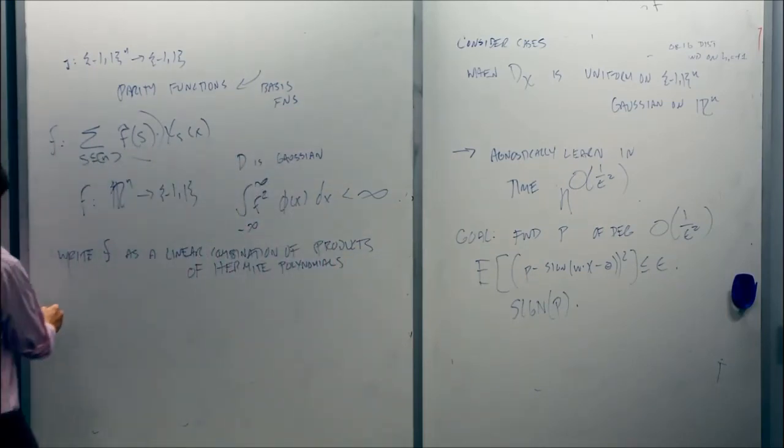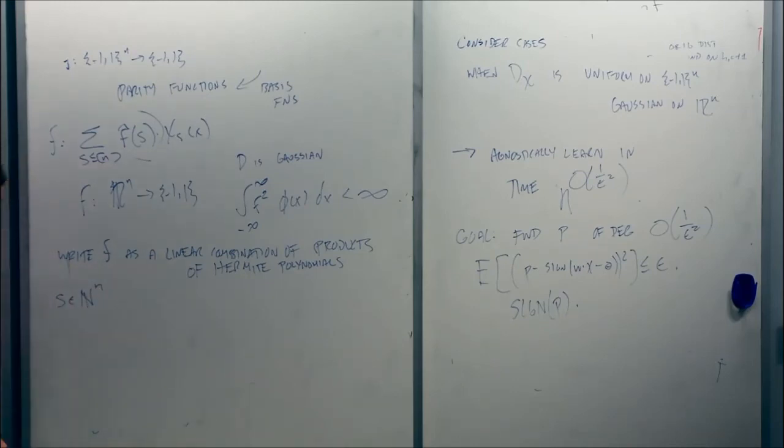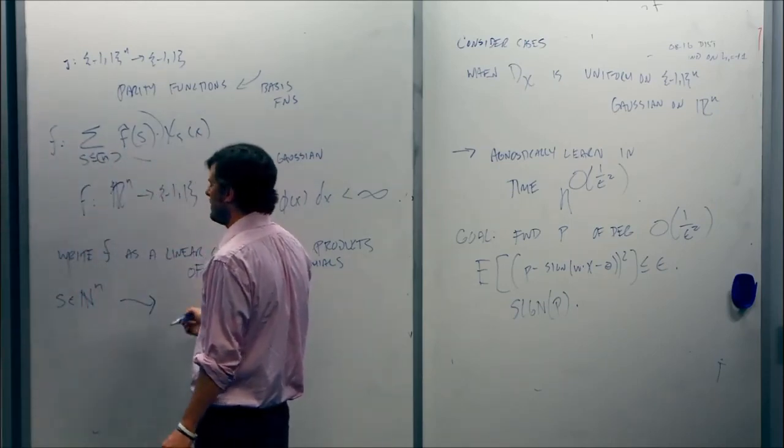So for every tuple of natural numbers, you'll get some product of Hermite polynomials.